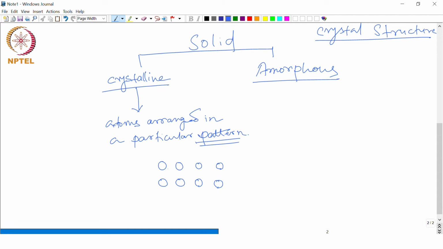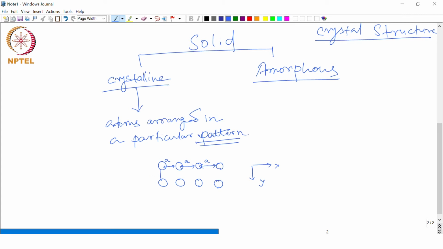So, in this 2D schematic, you can see that in both the directions, this distance, if we call that as A, remains the same. Let us say this is x and this is y direction. So, in x direction this distance repeats, okay, it remains the same.